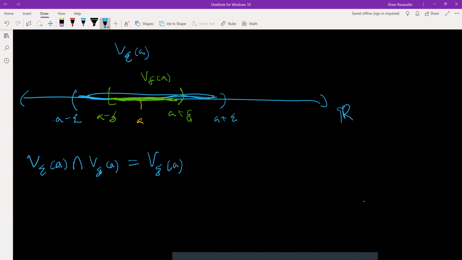Because that green delta neighborhood is the smaller of the two neighborhoods. So the intersection is going to be the smaller.